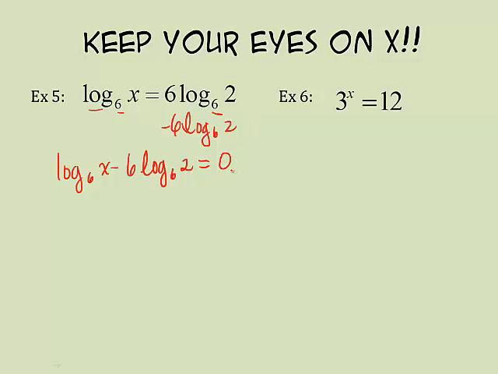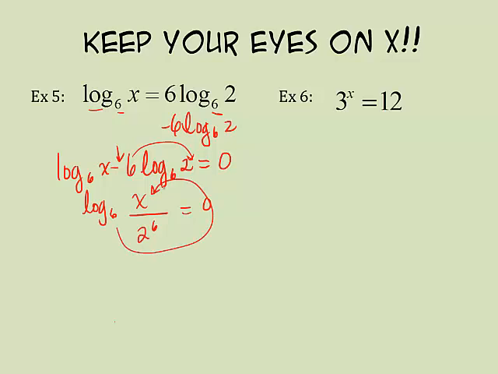Okay, don't forget about that. It's important. Now that I have 2 logs of the same base on the left, I can condense it. So since it's a minus, I'm going to do division. So log base 6 of x over, remember this 6 is the power rule, so it's going to come over here, 2 to the 6th power equals 0.